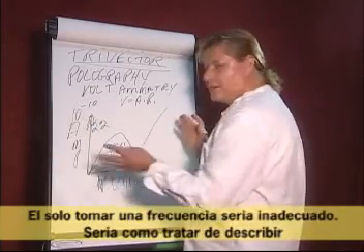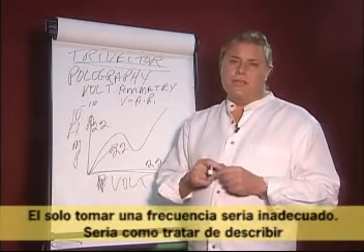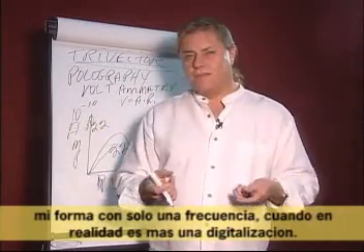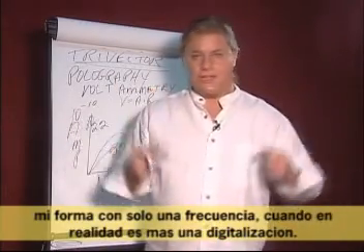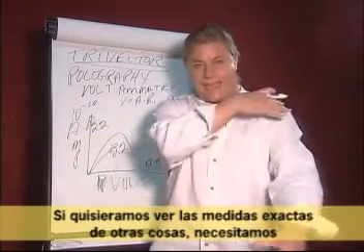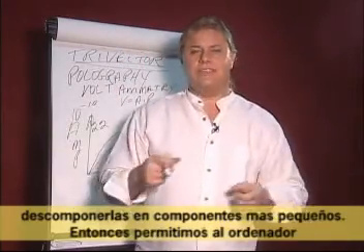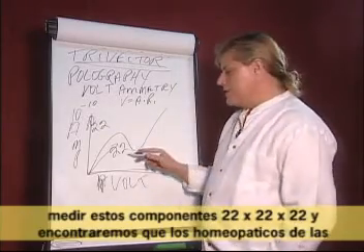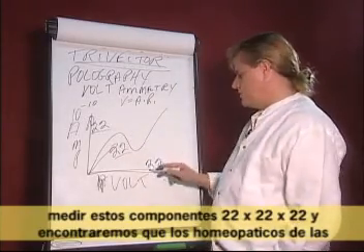To just take one frequency would be inadequate. That would be like trying to describe my shape with just one frequency, whereas actually it's very much a digitization. If we wanted to see exactly the measurements of other things, we really need to break it up into smaller components. We allow the computer to then measure these items, 22 by 22 by 22.